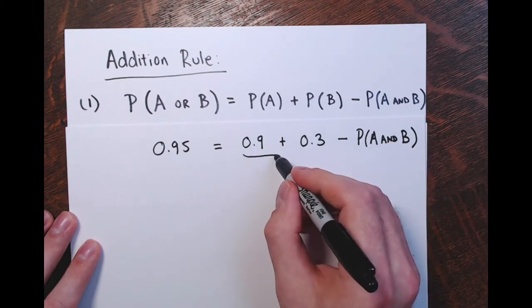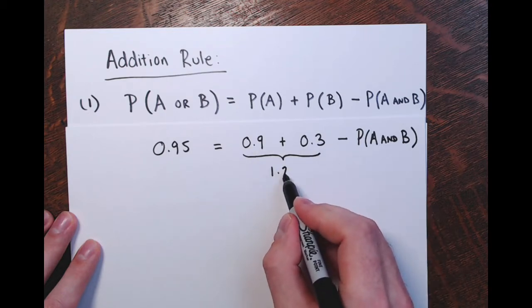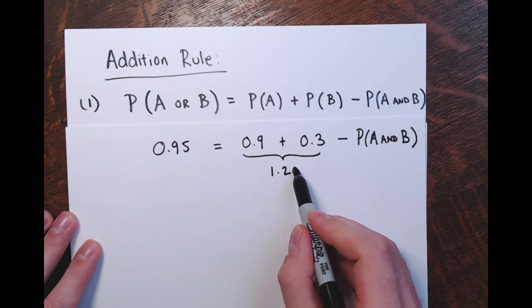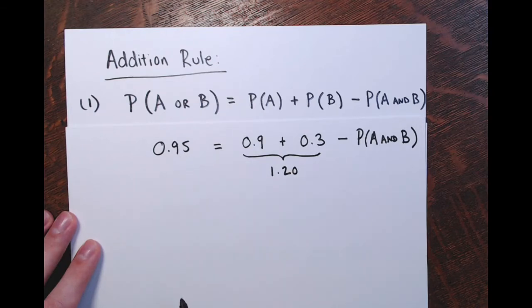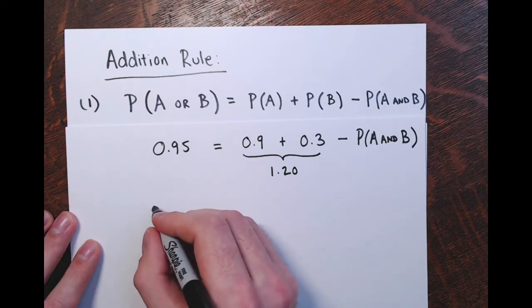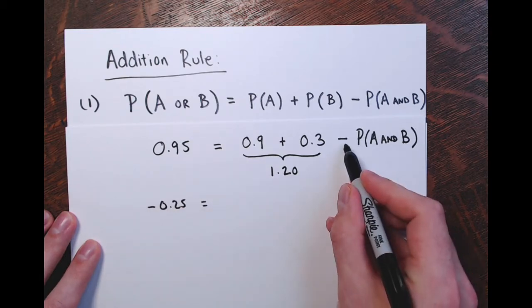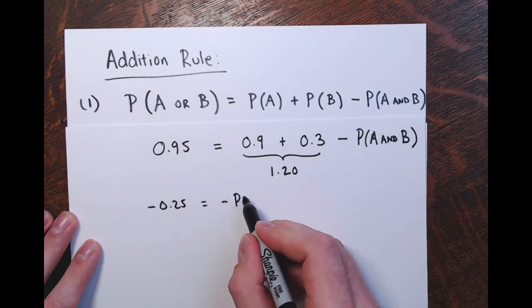So 0.9 plus 0.3 is 1.2, or 1.20 if I want to take it to the same decimal place. Then I would subtract this, and we'd have negative 0.25 equals, and this is still minus here, negative the probability of A and B.